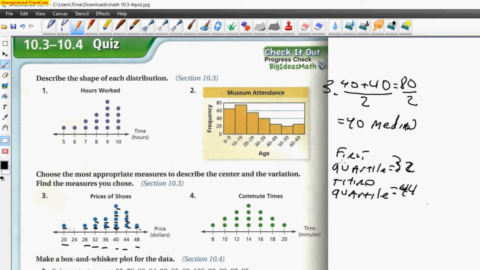And what are we going to do? You got it. So right here, we've got to subtract 32 from what? You got it. 44. Our answer is 12.